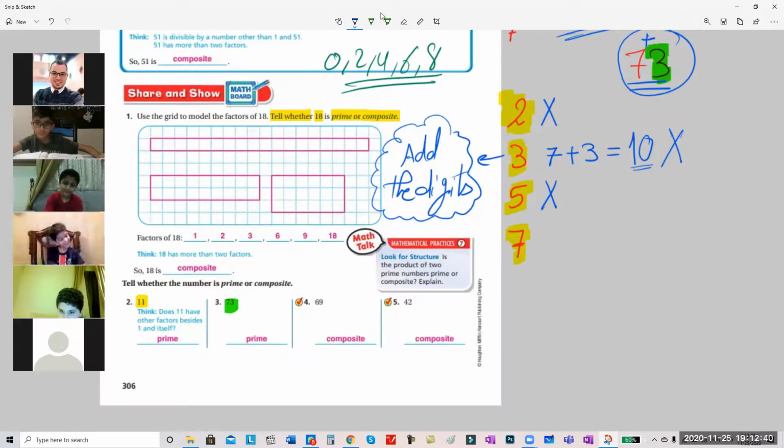Is there any number multiplied by 7 that gives us 73? No, because 10 multiplied by 7 equals 70, and 11 multiplied by 7 equals 77. So there is no number multiplied by 7 that equals 73, right? So we can take it also. Thank you so much, Mahdi.